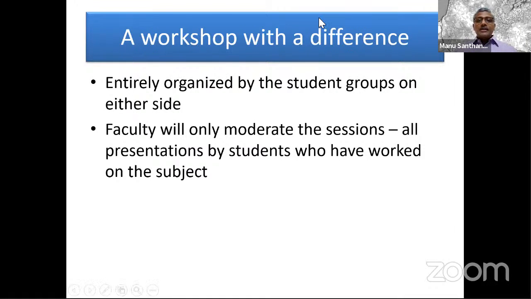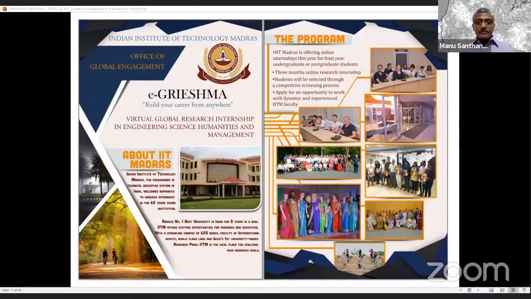I'd also like to share a couple of slides about a program that we have currently for you. Just give me a minute. This program is called eGrishma. This has been started by IIT Madras. It's a virtual global research internship in engineering, science, humanities, and management offered by IIT Madras. Of course, all of you are aware of IITM as being one of the top institutions in India.